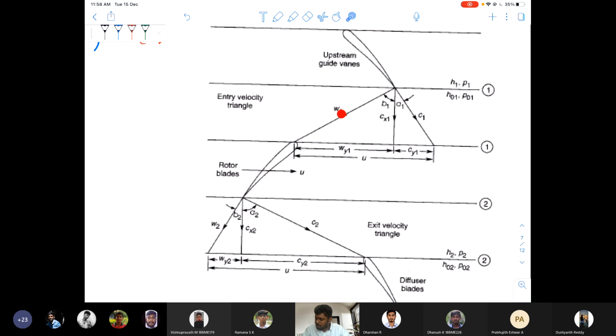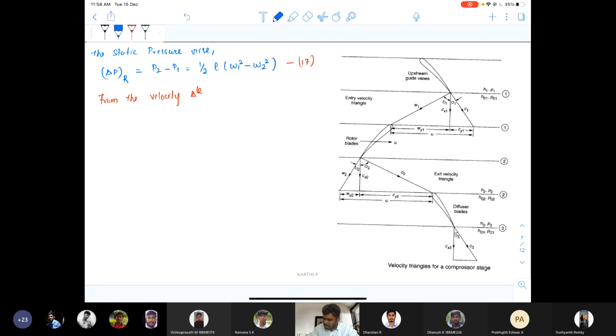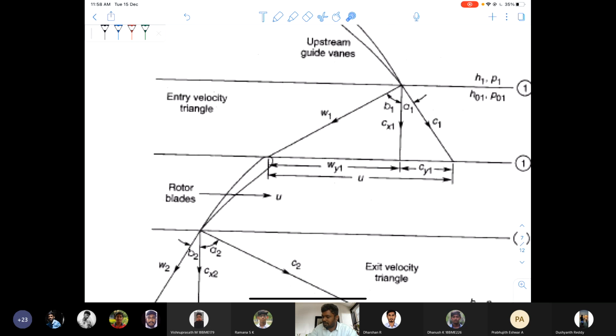Therefore, from the inlet velocity triangle, we have taken W1 square is equal to Cx1 square plus Wy1 square.